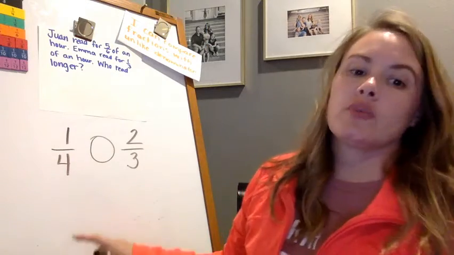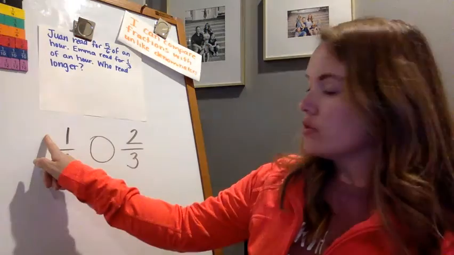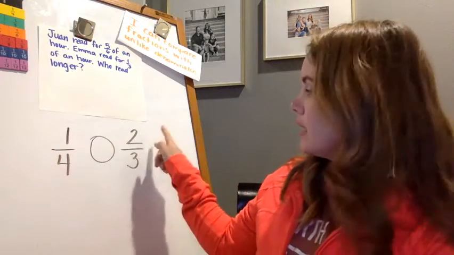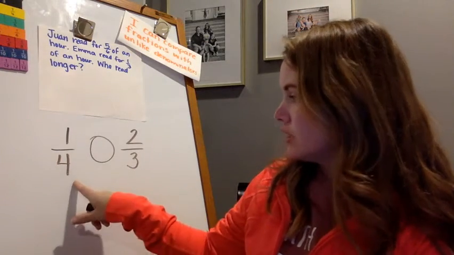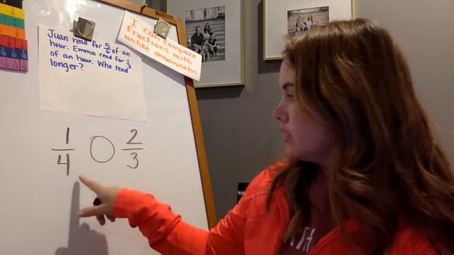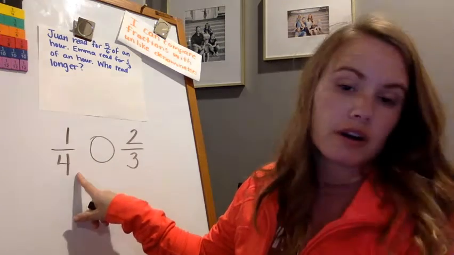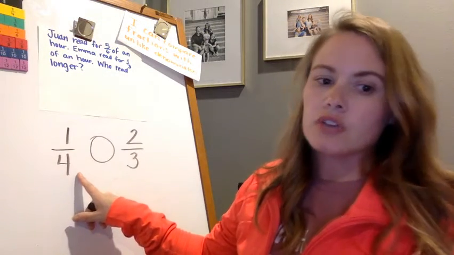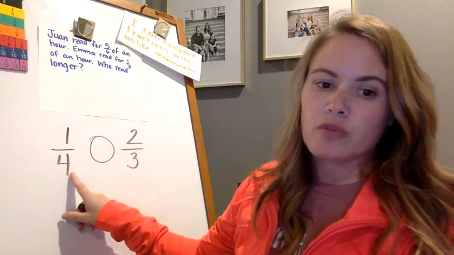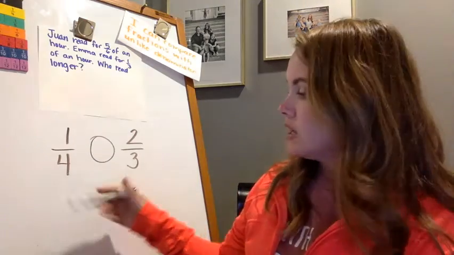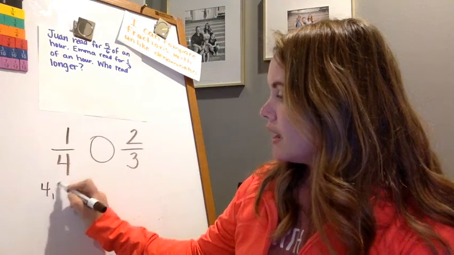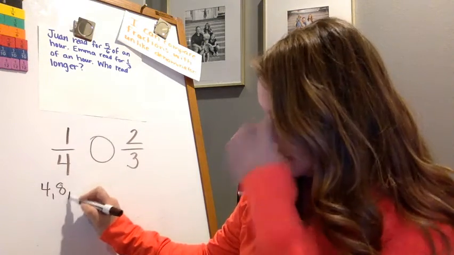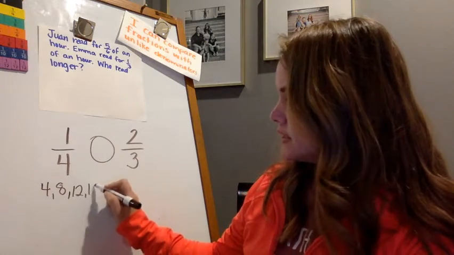So let's try another one that we'll compare. So we'll have 1/4 and 2/3. The first thing I check is to see if 3 would be a multiple of 4, and I know that's not the case. So then I think about my multiples of 4 and my multiples of 3. If I were to list them out, I would have 4, 8, 12, 16.